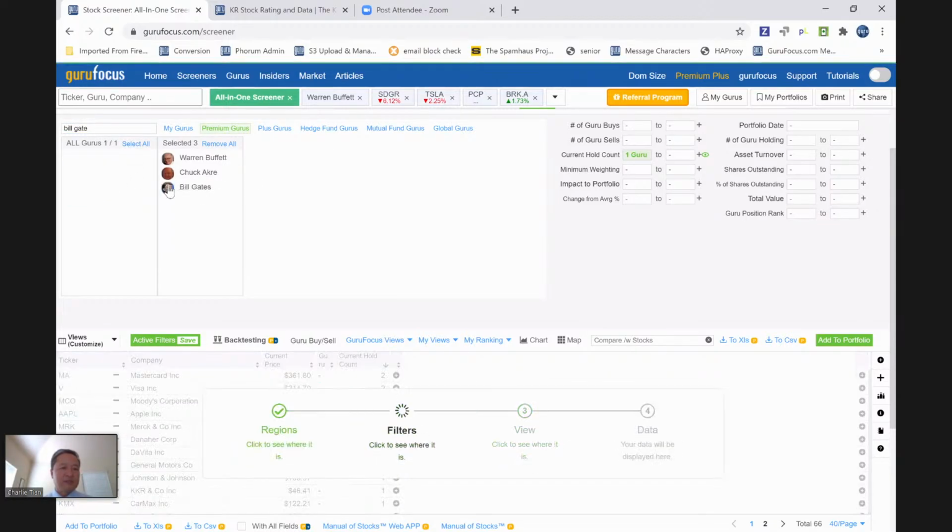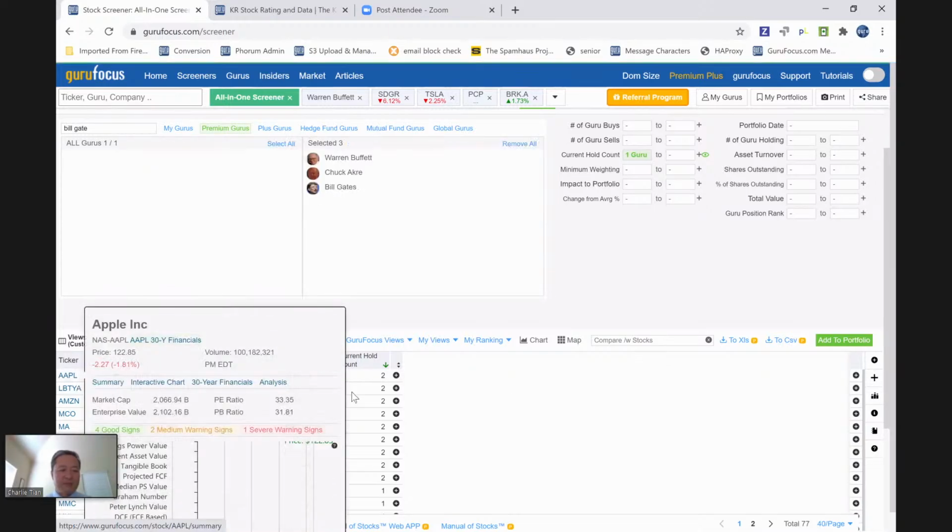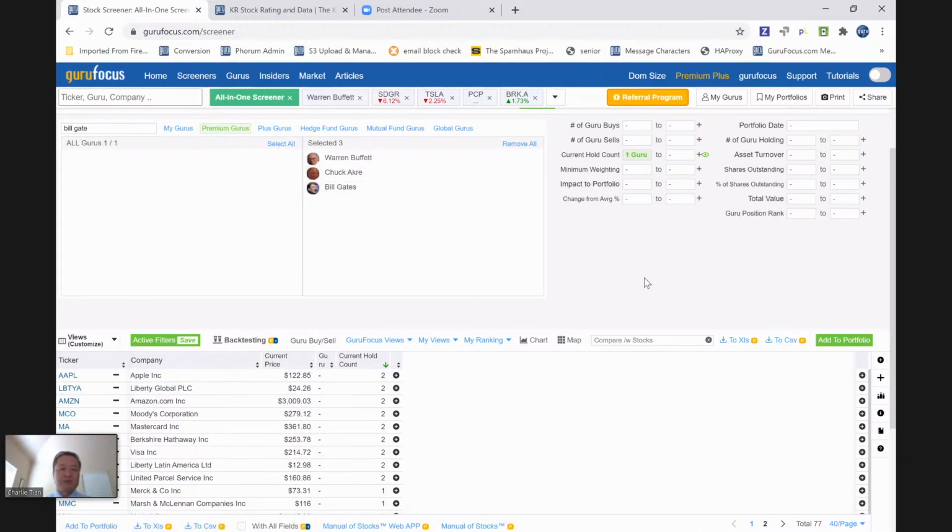Bill Gates, of course, doesn't manage his own portfolio, but he has someone else managing it in the style that he agrees with. The largest position is Apple. So among the three gurus, Warren Buffett, Chuck Akre, and Bill Gates, Apple is their largest common position. And there's Amazon also. Of course, there's Moody's, Mastercard, and there's Berkshire Hathaway, because both Chuck Akre and Bill Gates own Berkshire Hathaway. Of course, Warren Buffett owns most of Berkshire Hathaway.